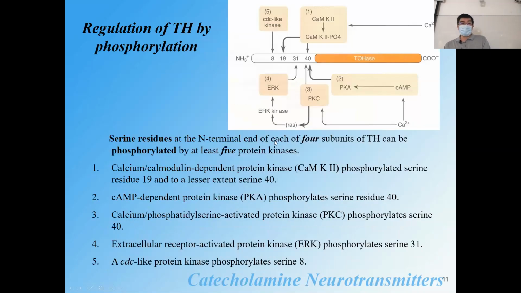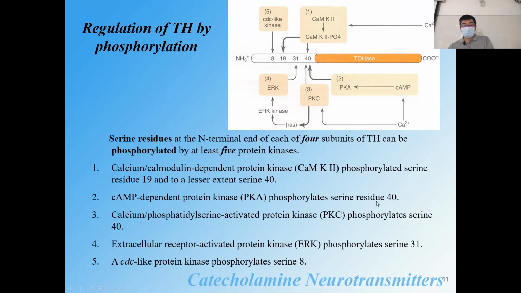So here is the regulation of tyrosine hydroxylase by phosphorylation. You can see different sites. Particularly important is PKA, which is activated by cyclic AMP, and the calcium dependent protein kinase, CaMKinase 2, at serine 40 and 19.